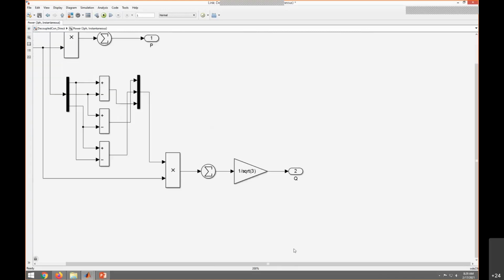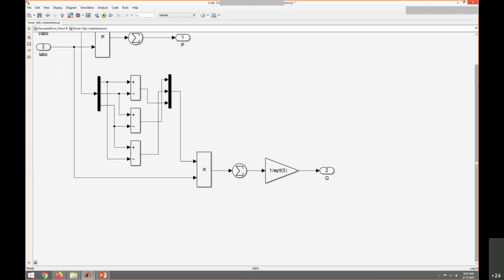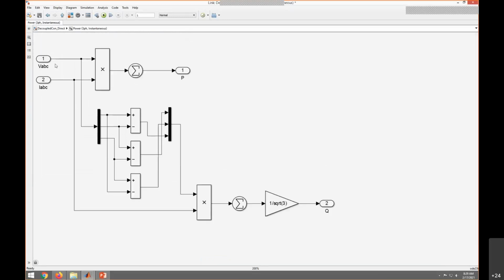They're just multiplying VABC and IABC and adding these. So that gives you this P, and this is for Q. So this gives you the instantaneous active and reactive powers.